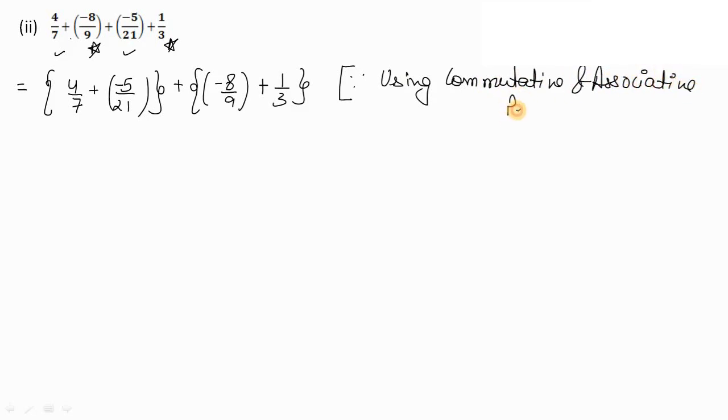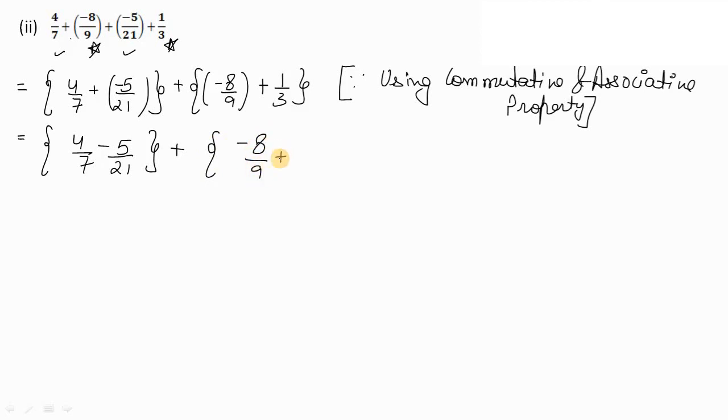Which property are we using here? Both commutative and associative property, because we are interchanging the position of rational numbers and we are combining them into different brackets. So this is equal to 4 by 7 plus minus 5 by 21, and in the second bracket it will be minus 8 by 9 plus 1 by 3.